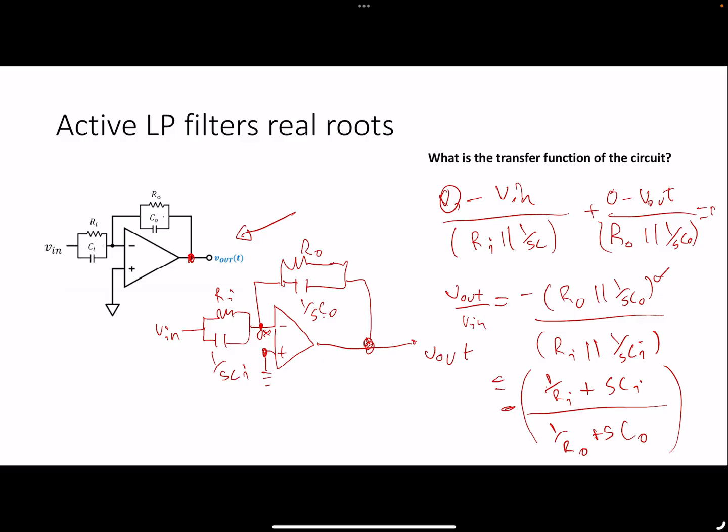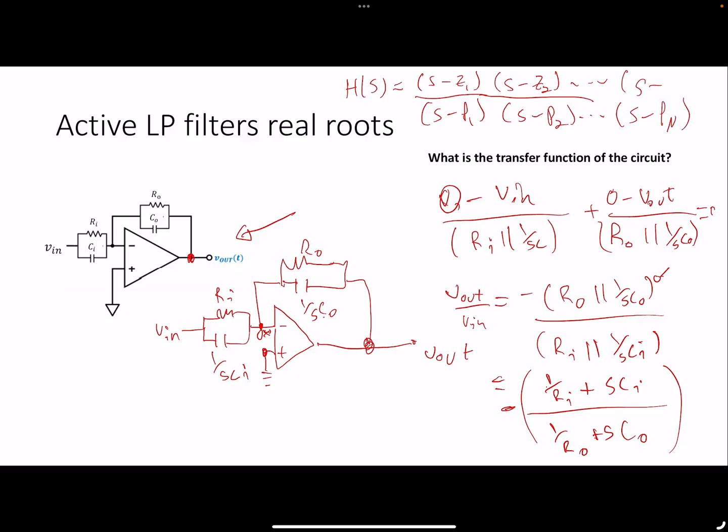What we observe here is that if we look at this circuit in a more strategic way, typically our transfer functions H of s look of the form s minus z1, s minus z2, and so on, over s minus p1, s minus p2, up to s minus pn.